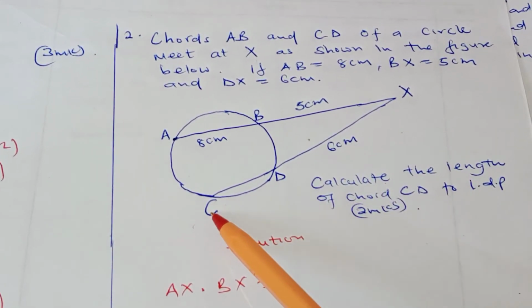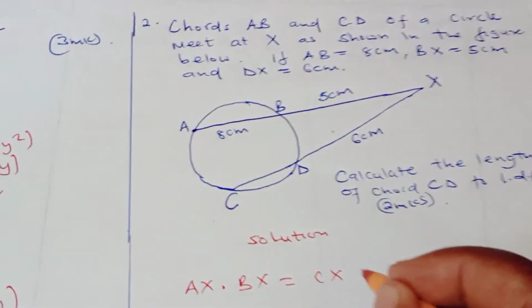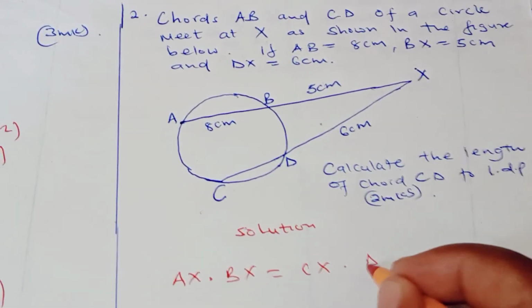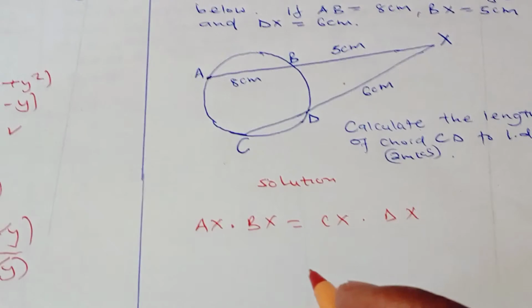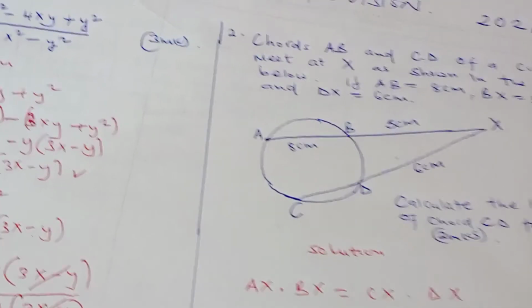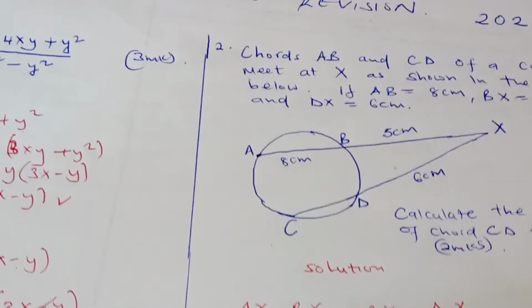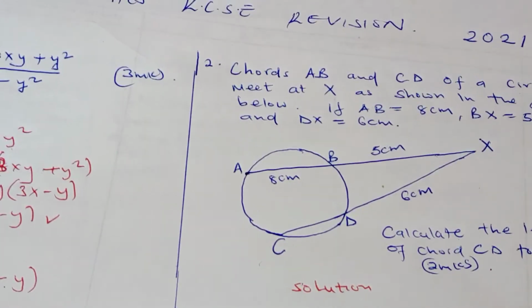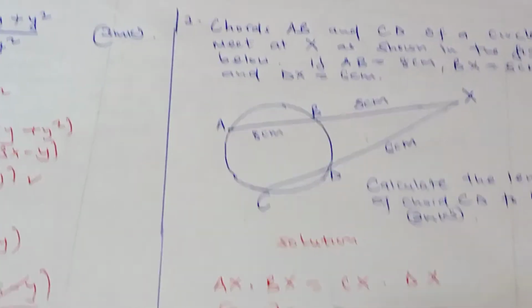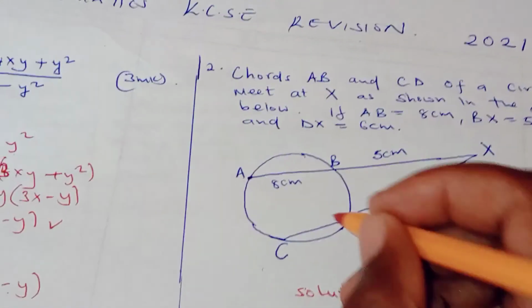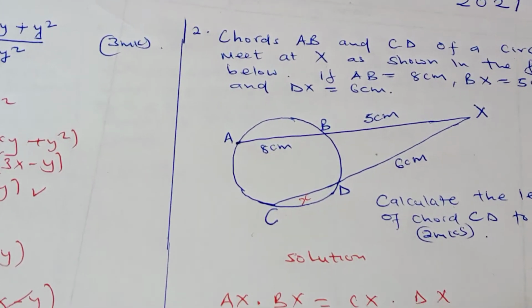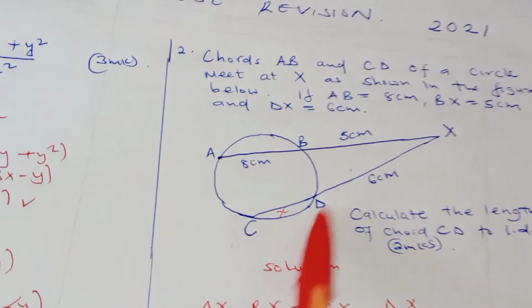You take the distance from C to X and you multiply that with the outer distance, that is DX, right? So it's very simple. What you're going to do now is to take 8 plus 5, that's the whole length, AX, times 5, right, is equal to CX, that is, we can label this one x, so we say x plus 6, and you multiply by 6, which is the distance outside here.